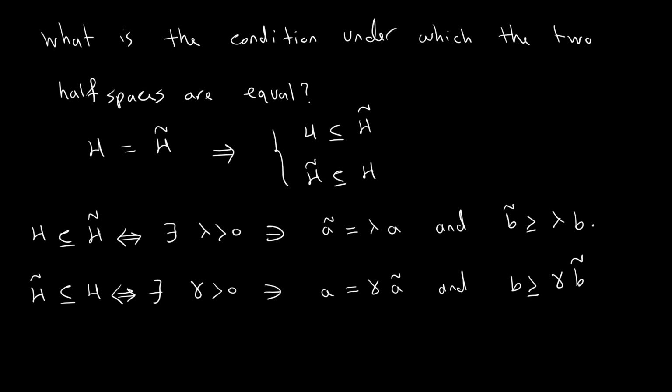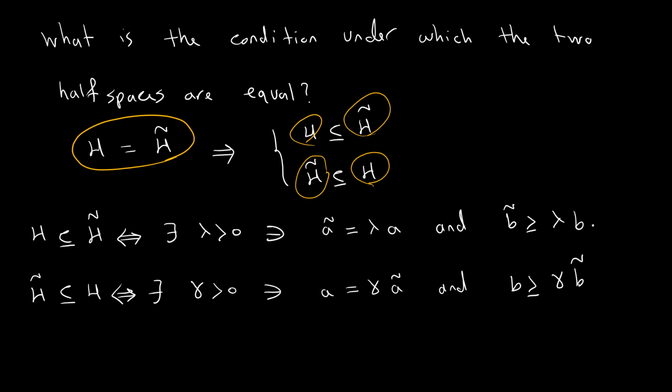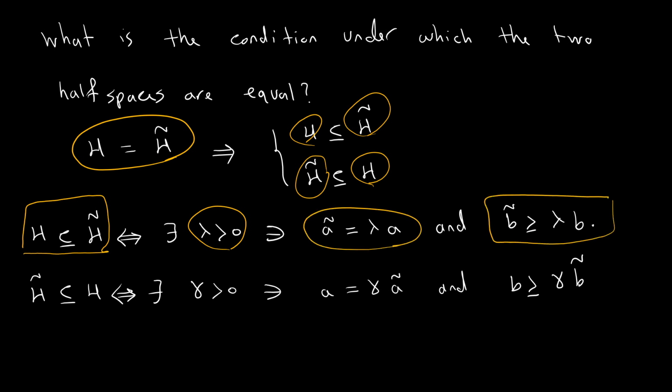Okay, we want to see under what condition two half spaces are equal. That means these two are equal. So for the set equality, we need to have H included in H tilde and H tilde included in H. And we just proved that in order to have H contained in H tilde, we need a lambda greater than 0, and to have this equality plus this inequality.